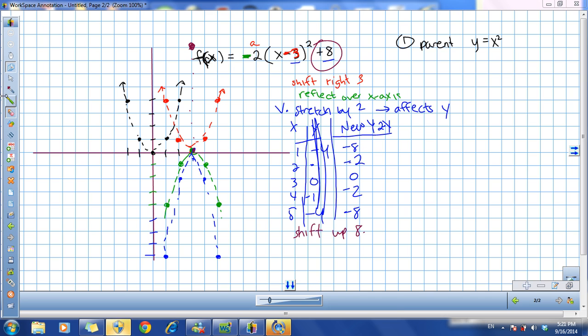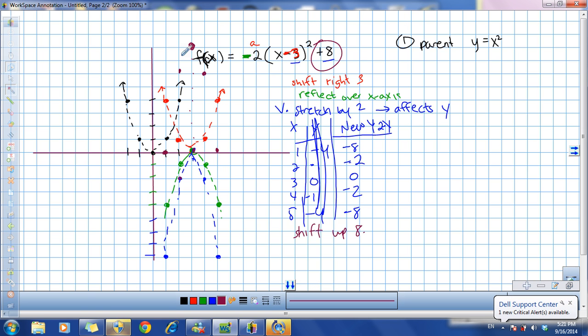So the blue graph, this point right here, up 8. And this last point, up 8. So this is my final graph right here. Make it a little bit thicker. I never miss.